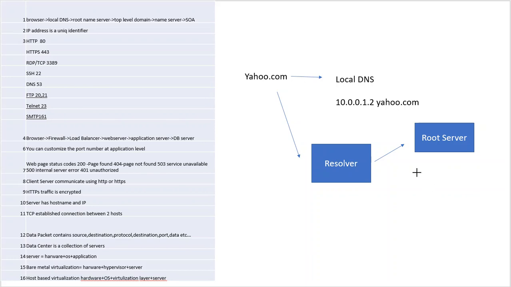It will give you the TLD. So it will tell which TLD to go to, and the resolver can go to that TLD, the top level domain, which will contain that.